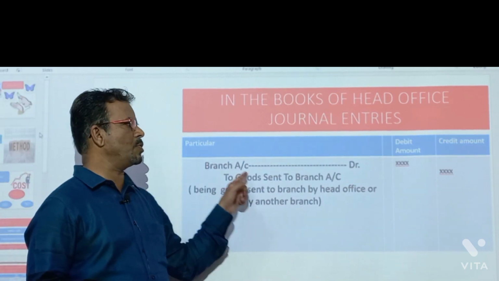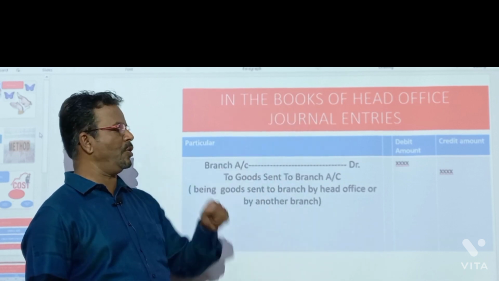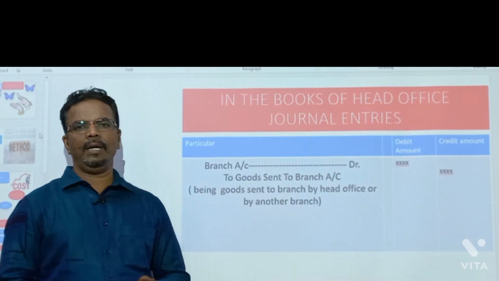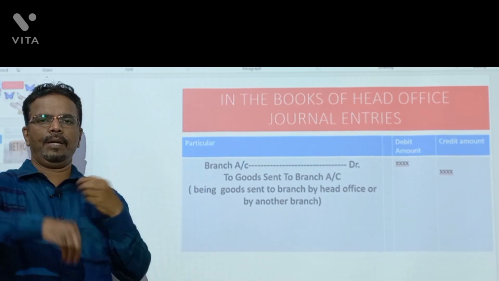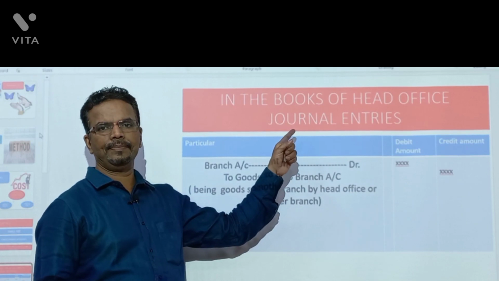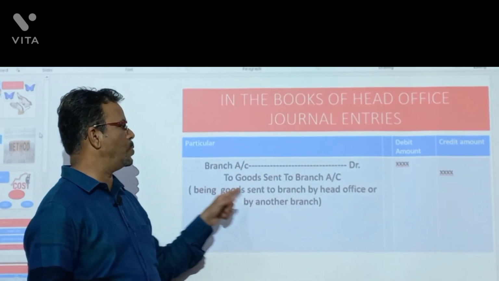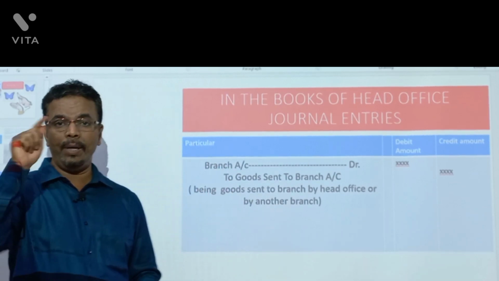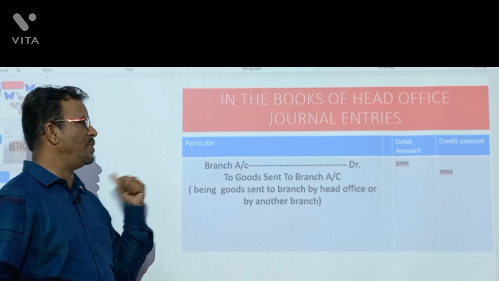So the branch is the receiver, so the branch account is on the debit side. And from the head office point of view, goods is which account? Real account. And for a real account, debit what comes in, credit what goes out. So goods go out, so goods will be on the credit side. So my journal entry is Branch account debit to Goods sent to branch account credit, whenever goods are sent by HO to the branch. That is the first journal entry.